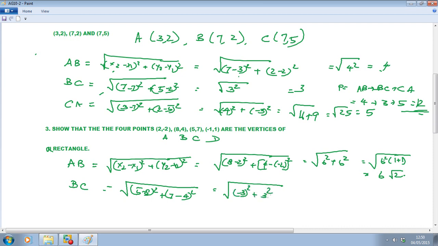Minus 3 square is 9, this is also 9. So it is the root of 9 plus 9, which is the root of 9 into (1 plus 1). Taking 9 out, it becomes 3 root 2.